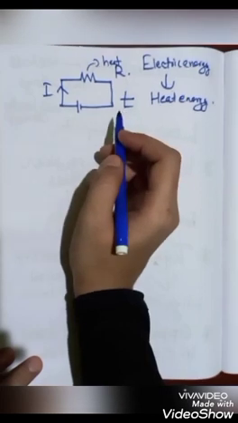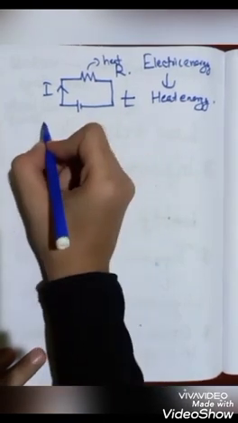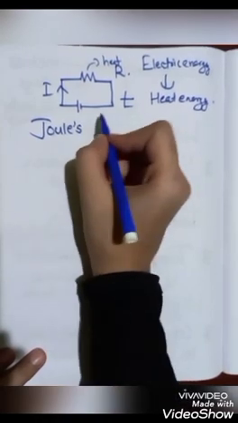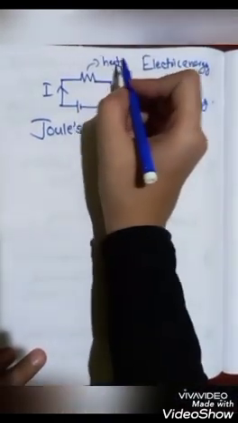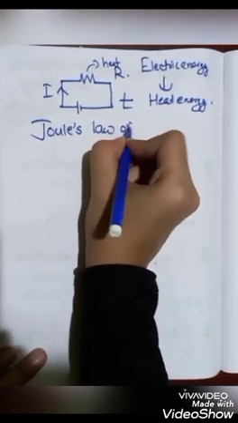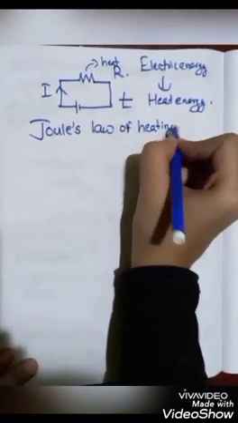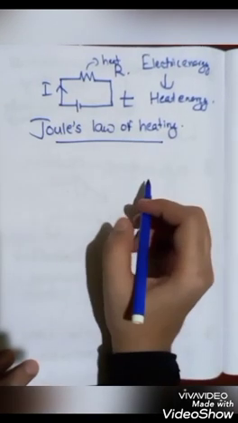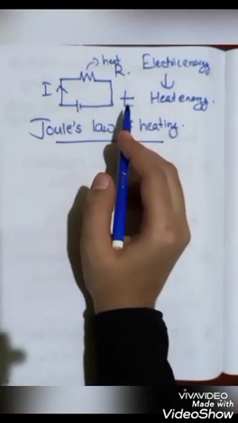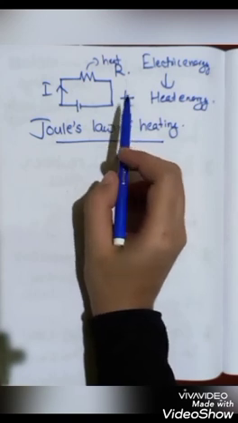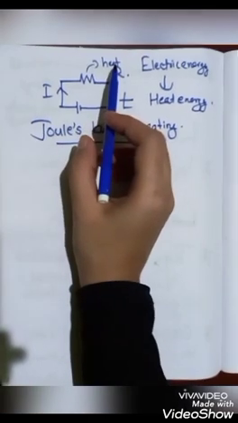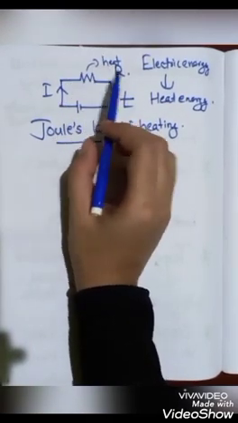That is where Joule's law of heating comes. Joule's law of heating gives how much energy gets converted in the resistor as heat, and how much heat is produced in time t.